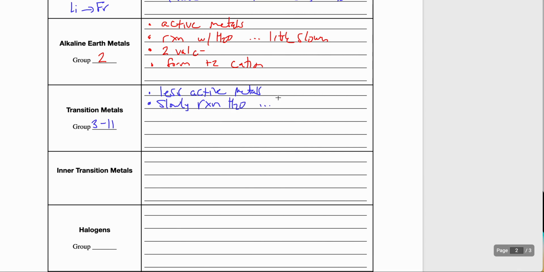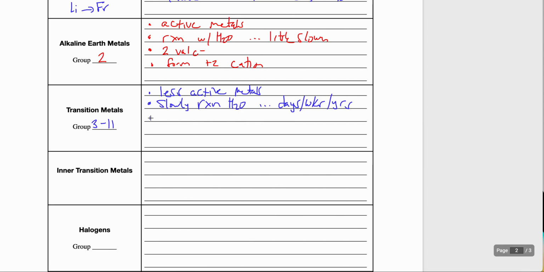with water. So alkali, group 1s, less than a second. Alkaline earth, a minute or 2, so it's a little bit slower. And then transitions, those that react with water, it's very slowly. So we're talking days, weeks, years. So it takes a lot longer.